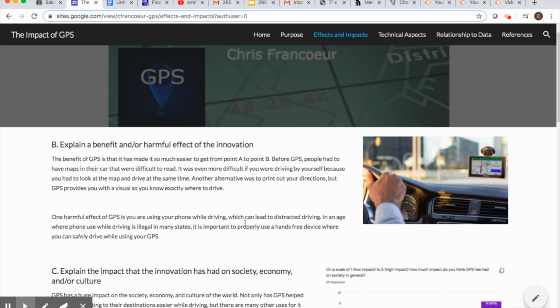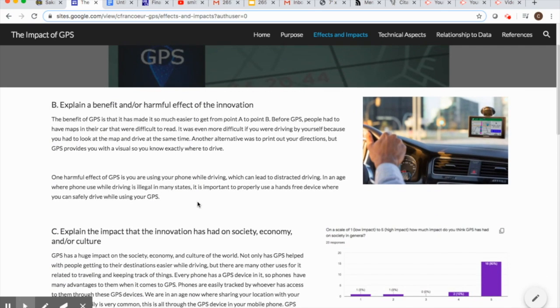GPS has been very beneficial in that it has made it much easier to get from point A to point B. Like I said before, prior to GPS, people had to use physical maps that were extremely difficult, especially while you were driving, because if you were by yourself, it could be very distracting to your driving, which leads us into a harmful effect of GPS: while using the device while you're driving, it can make you distracted. So it is important to use a GPS mount as shown in this image over here.